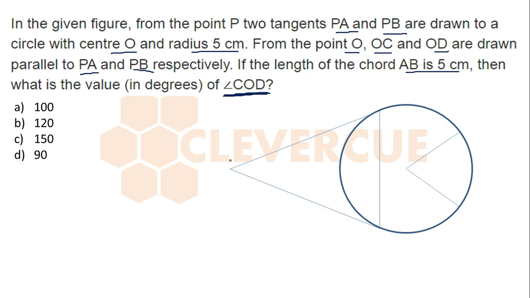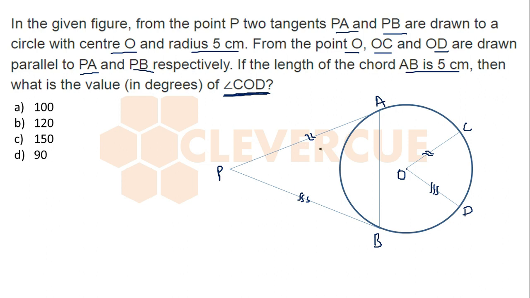Now here this is the point P, and two tangents are drawn touching the circle at point A and point B. Here O is the center of the circle, and you have drawn a line OC which is parallel to PA, right? And you have drawn a line OD which is parallel to PB.